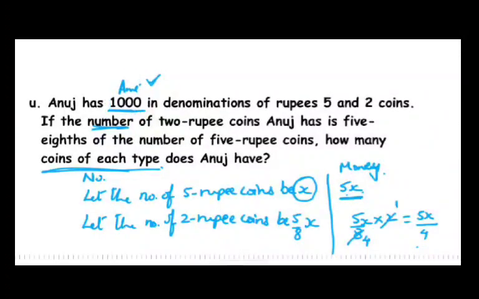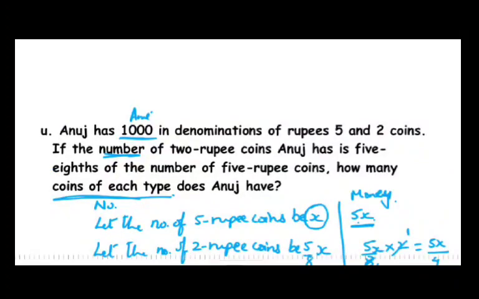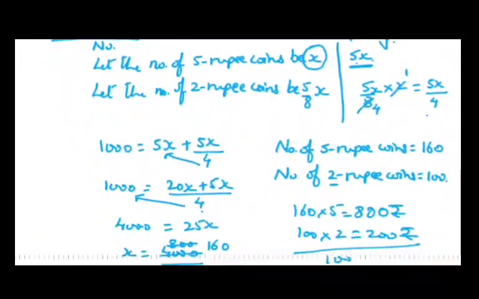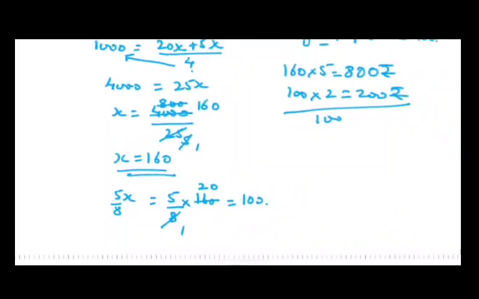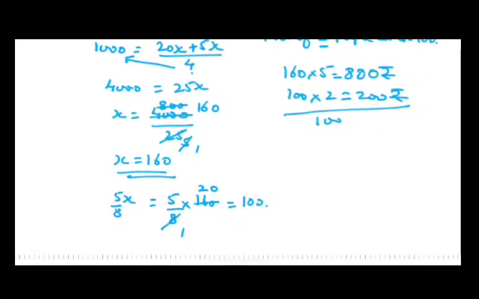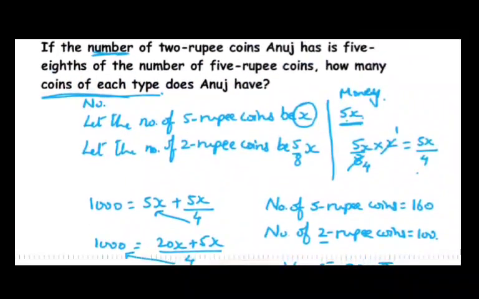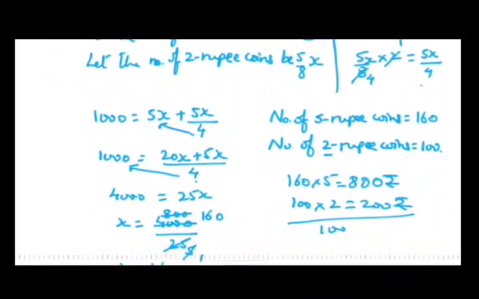Yes, children? Good to go. Some sums can be verified. Alright, so my statement goes as, what should I write? How many coins of each type does Anuj have?